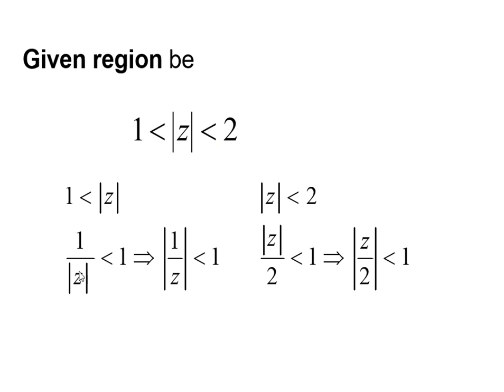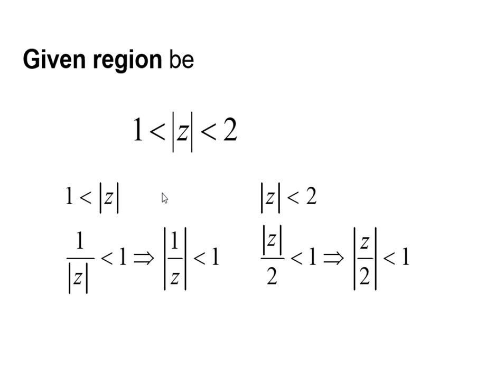So divide this by z, we get mod 1 by z is less than 1. Divide this by 2, we get mod z by 2 less than 1. So from the region of validity, we found mod 1 by z less than 1 and mod z by 2 less than 1, where the binomial expansions are valid.